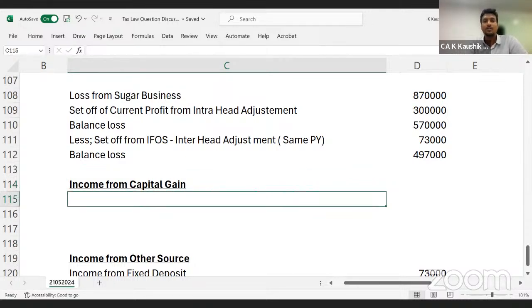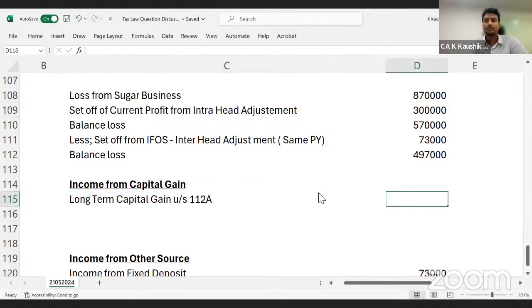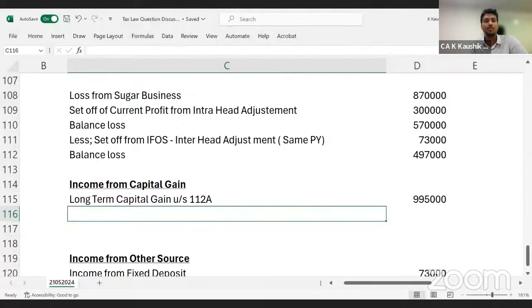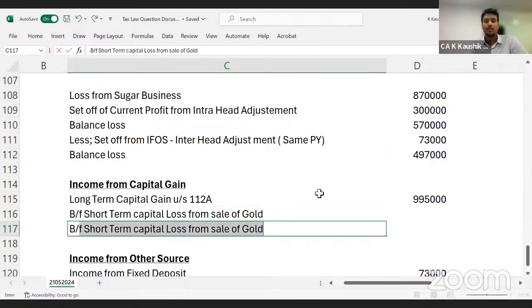So we have three things. One is long-term capital gain under section 112A, 9,95,000. And then I have speculation loss. That's it. And then I have brought forward short-term capital loss from sale of gold, and brought forward short-term capital loss on sale of shares under section 111A.